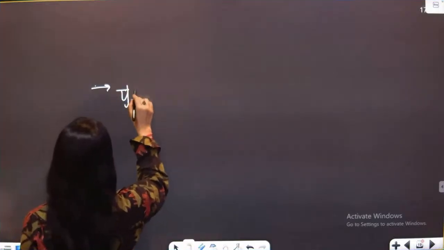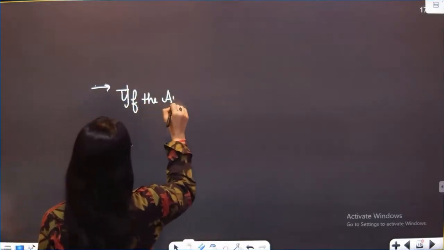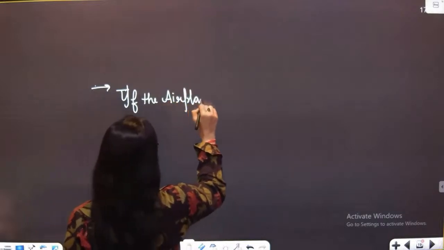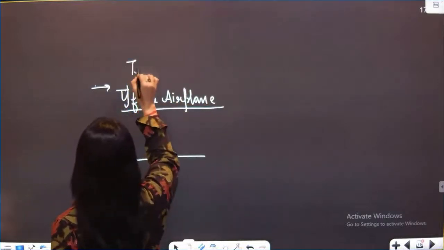If the airplane, we can write down the heading transport.